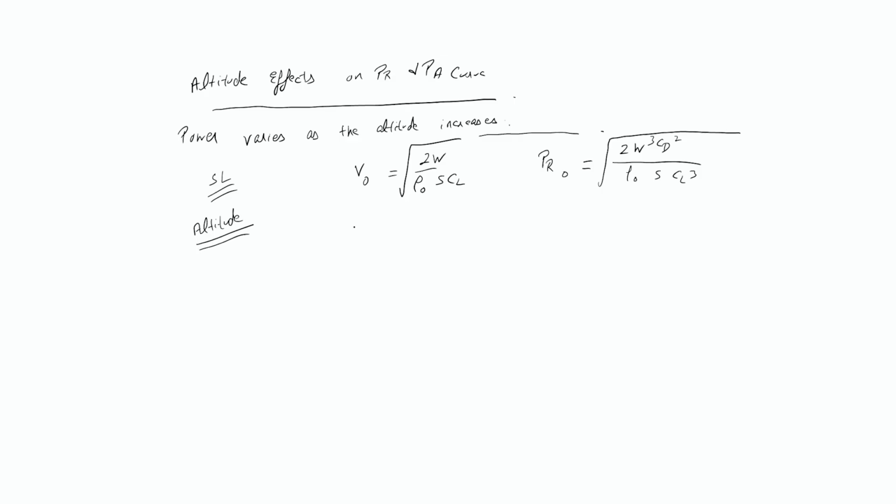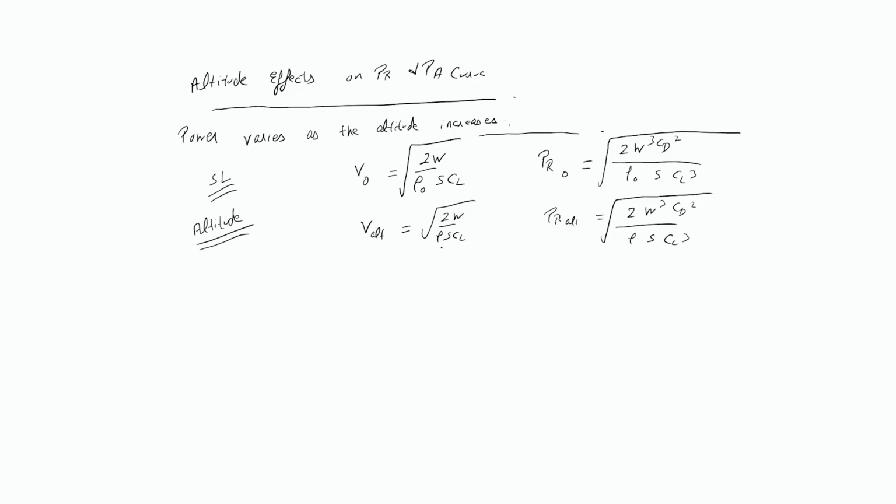At some altitude we can write V altitude equals square root of 2W by rho S CL, and PR at altitude equals square root of 2W cube CD square upon rho S CL cube. So the difference here is the density.